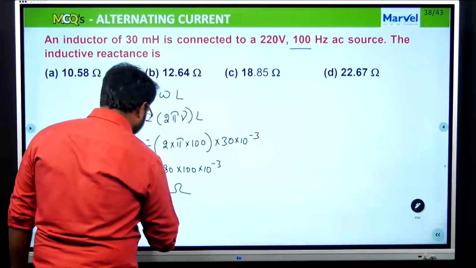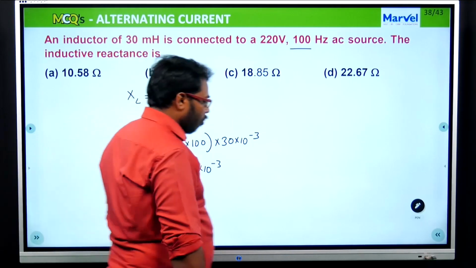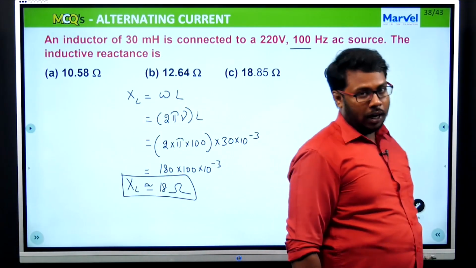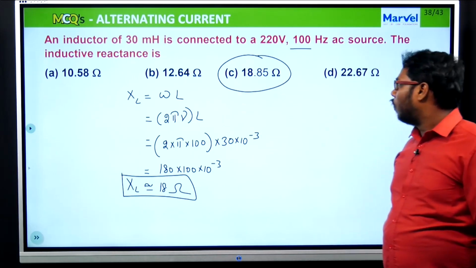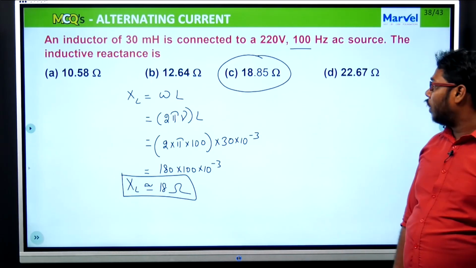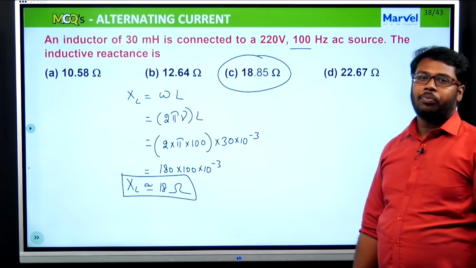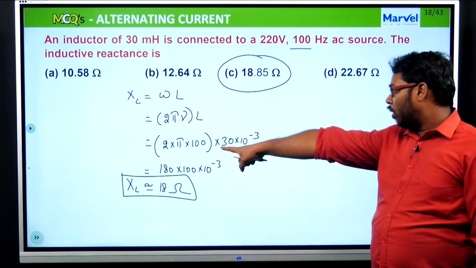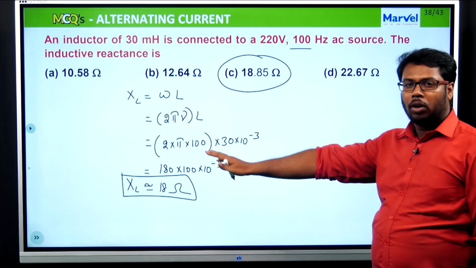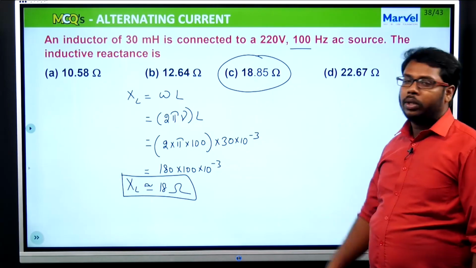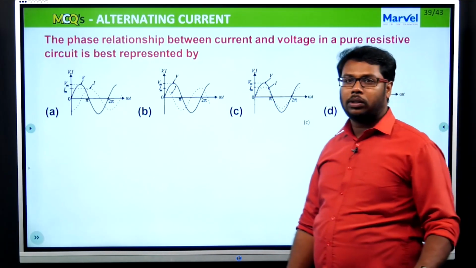I just calculated the value approximately, but I get to know that my answer is going to start with 18. Okay, so which brings me to my answer, which is my option C. It is 18.85 ohms is what it is. You see, I haven't calculated it accurately, but approximate calculation is enough to conclude the answer. Okay, now we move to the next question.